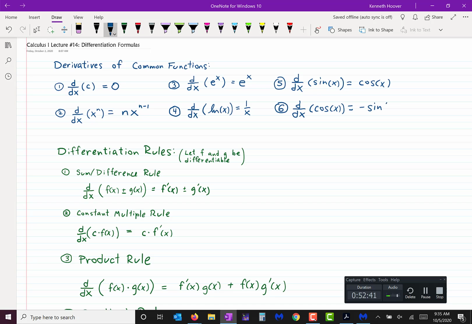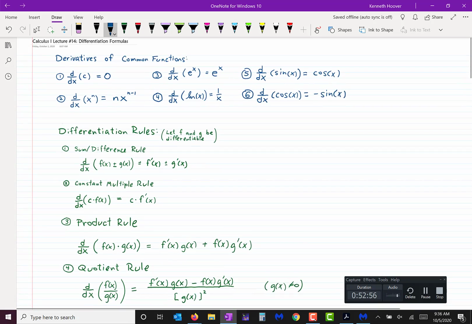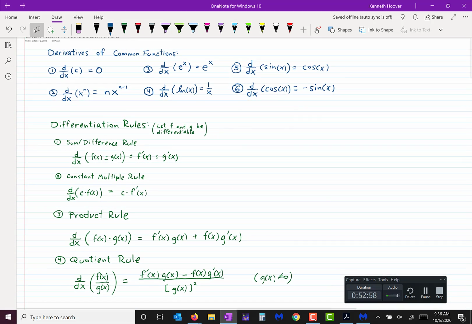We'll prove those later, but at least now you have them so you can use them when you need to. Okay, so that which is on the screen right now, these are very, very, oh, there's even more. Let me shrink it down. These are very, very helpful formulas. You can call them shortcuts if you want. They will allow you to find tons and tons of derivatives now without having to do the whole limit as h goes to 0.